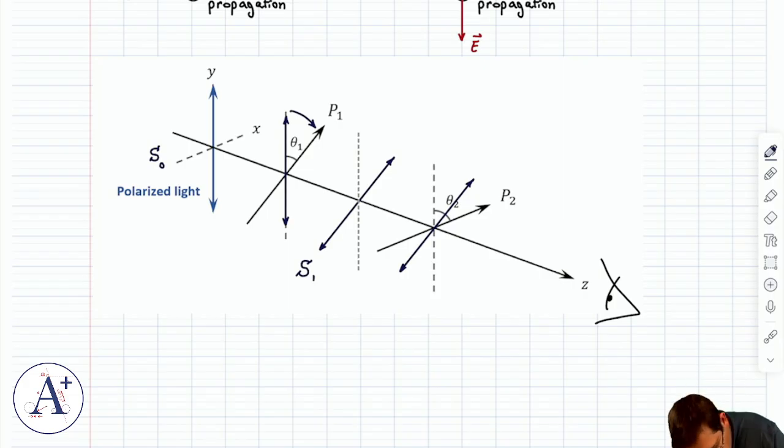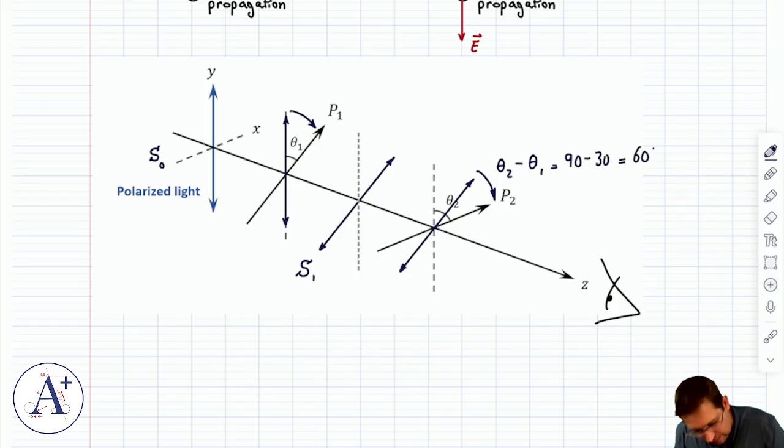That's not true. It rotates through this angle here, which is going to be theta 2 minus theta 1. So that's 90 minus 30, which is 60 degrees, because P1 already rotated it 30 degrees. So now when it hits P2, it's 60 degrees from P2, because P2 is horizontal.